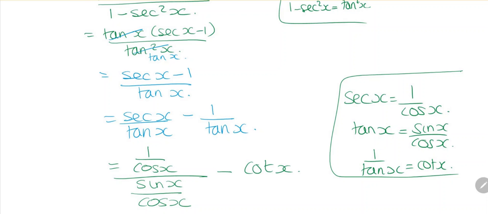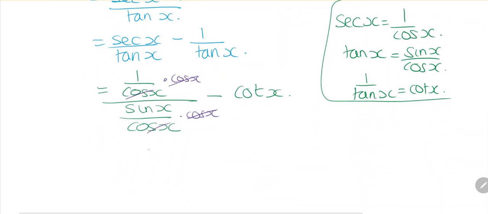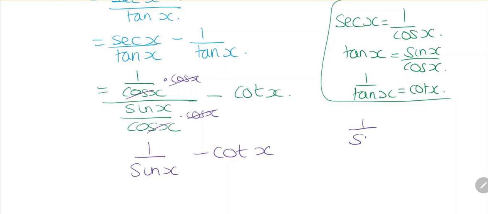Let's have a look. If we multiply both of these by cosine of x, the cosines will cancel, and we're left with 1 over sine of x. Now we know 1 over sine of x is equal to cosecant of x.